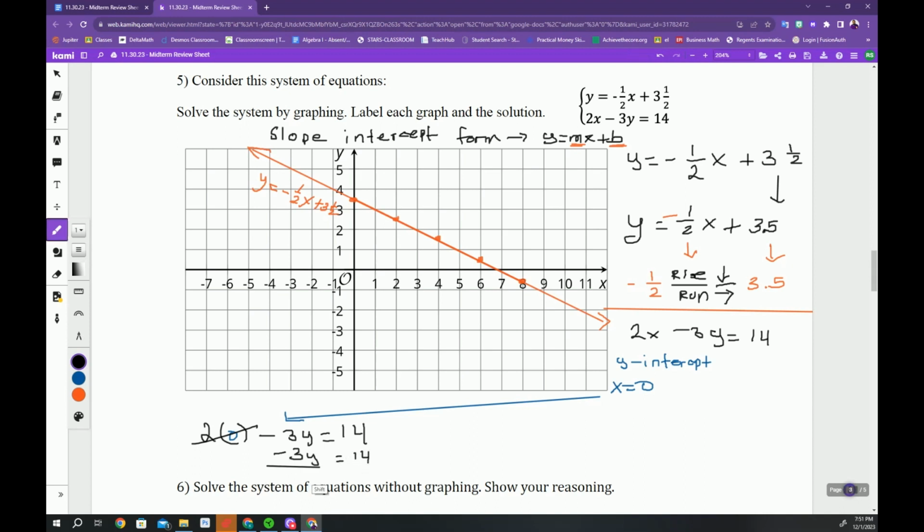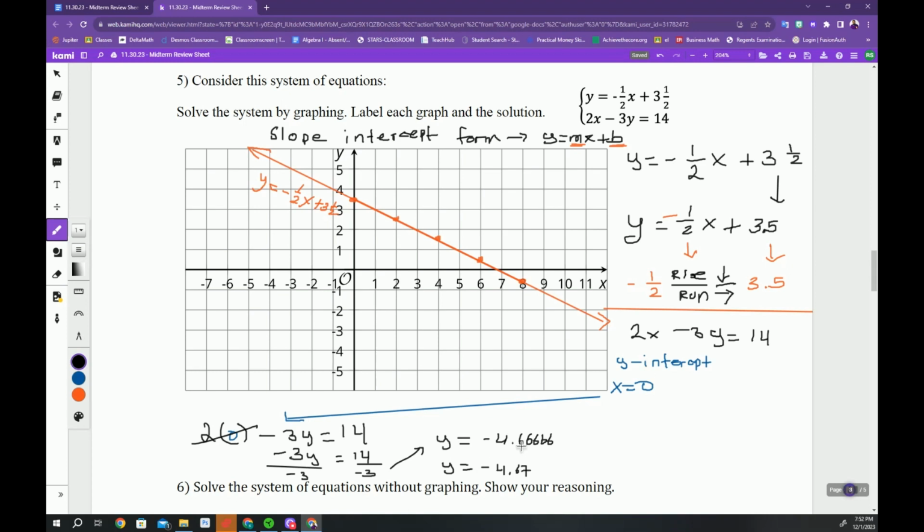Then we can divide negative 3 to both sides, and you'll get y is equal to negative 4.66666, or we could round this to y equals negative 4.67.